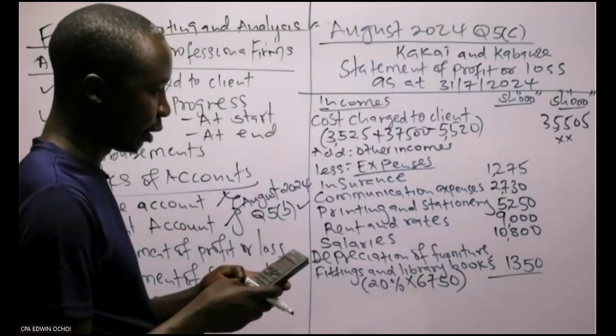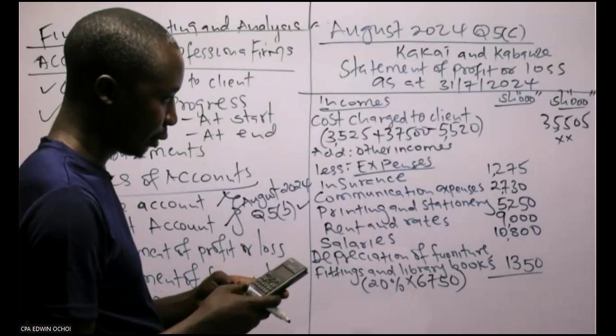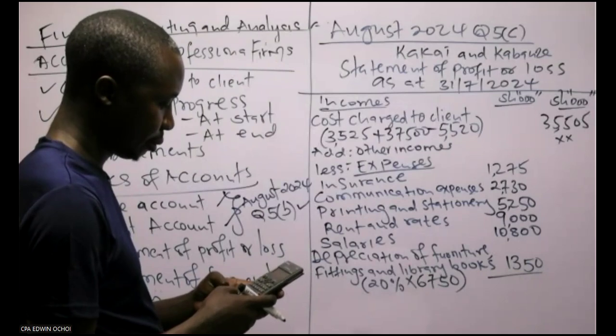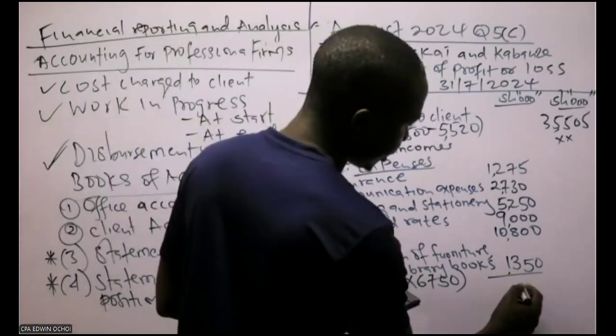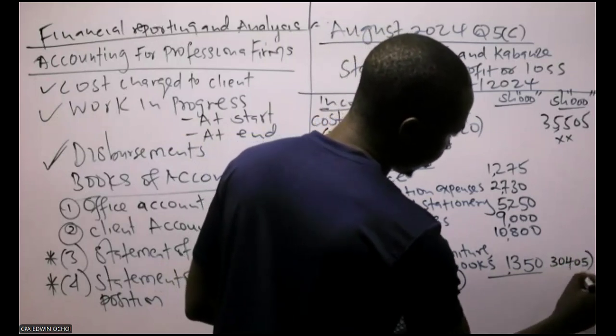So 1275 plus 2730 plus 5250 plus 9000 plus 10800 plus 1350. That is 30405.